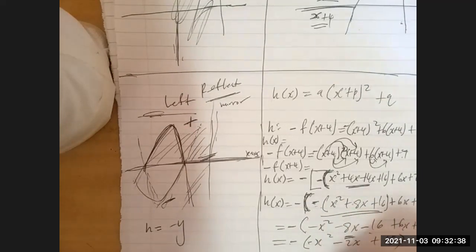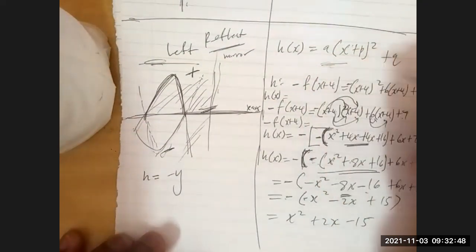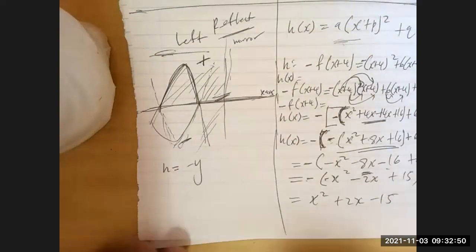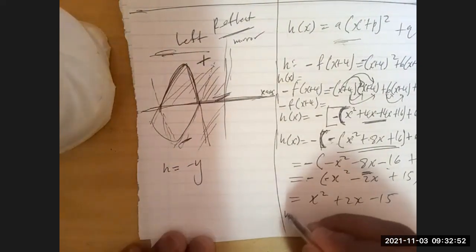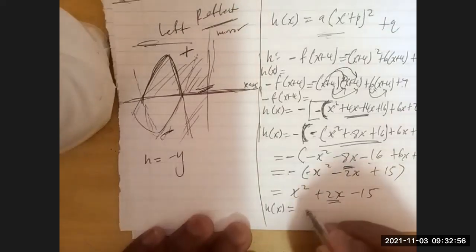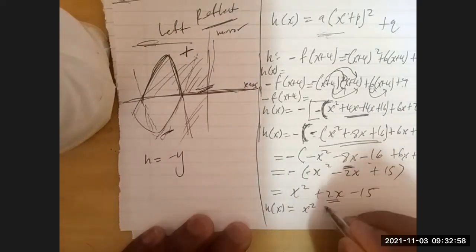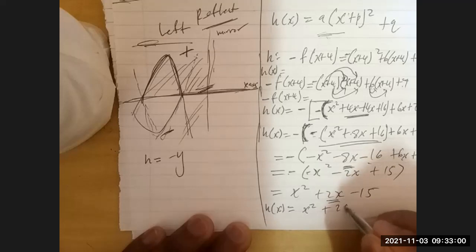and negative times negative is x squared plus 2x minus 15, right? But then they said we must write it in this form, and already it is not in that form. So what do we do? We have to complete the square. So by completing the square, what do you look at? You look at this one here to say, okay, x squared plus 2x, right?